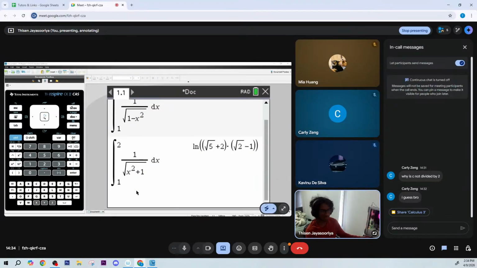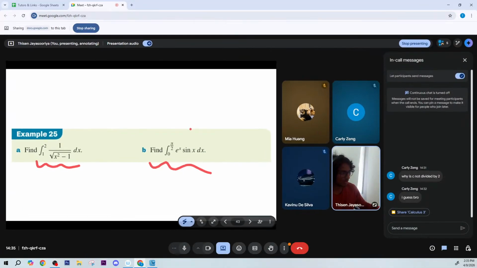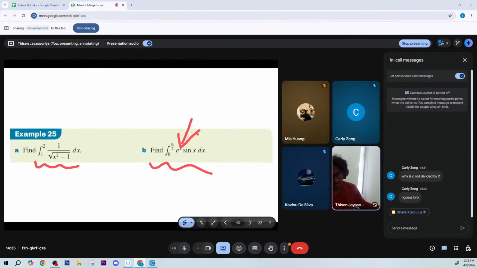So anyway, can someone tell me, using your calc, what is the exact value of this one? Make sure you use your calc. Calc is short for calculator.